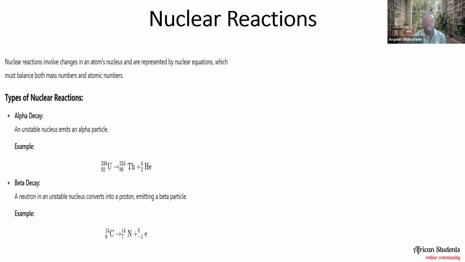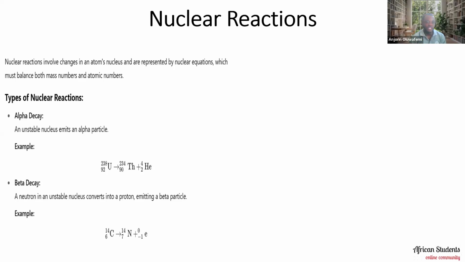But if you put it on the side that has the lesser mass number and atomic number, like thorium, 234 plus 4 will give us 238, and 90 plus 2 will give us 92. So it balances the equation on both the reactant and the product side. And this is an example of an alpha decay.